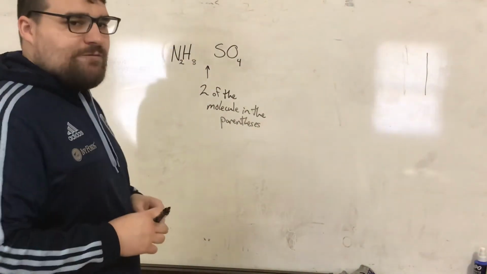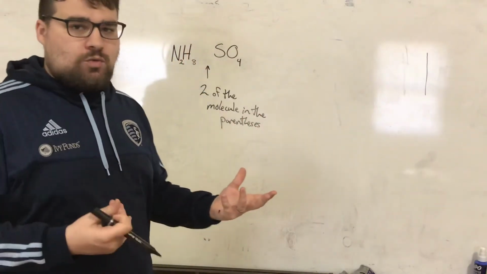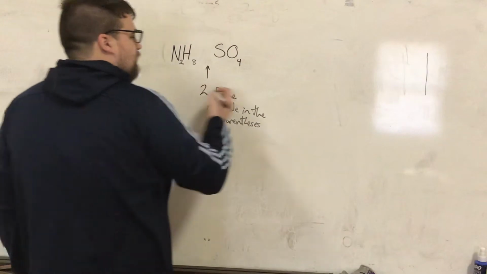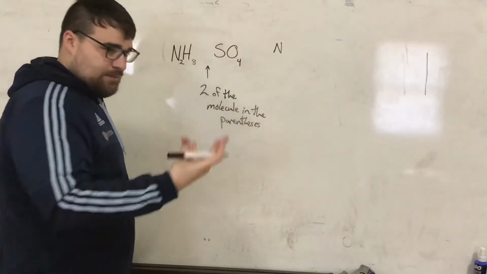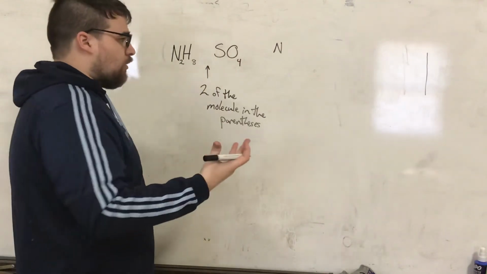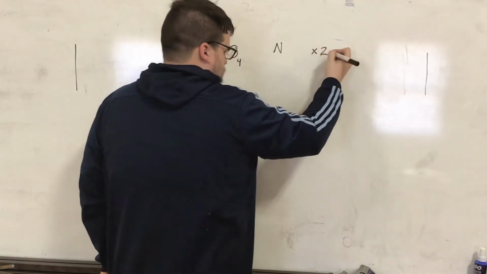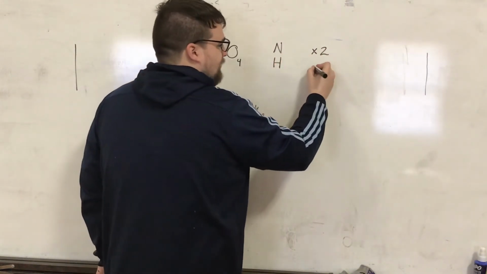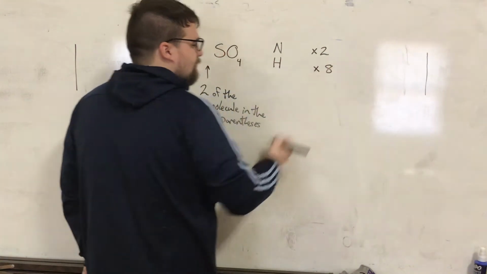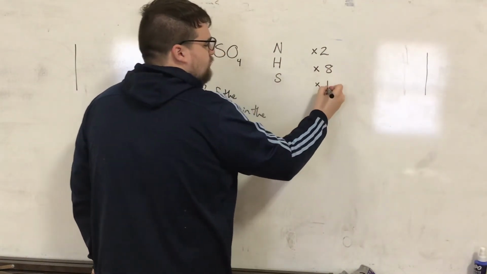So if we wanted to find the molar mass of this molecule, what we would need to do is say we have 2 nitrogen. Well, what is the atomic mass of nitrogen? And we have 2 of those, so that's going to be times 2. We have 8 hydrogen. What's the mass of hydrogen? So we're going to have that times 8. 1 sulfur, so that's just going to be times 1.